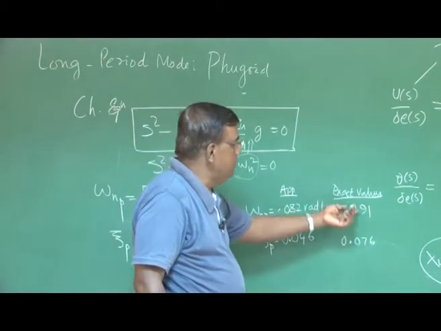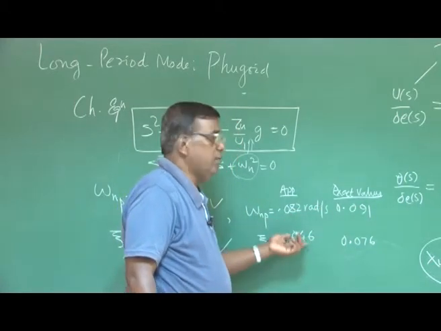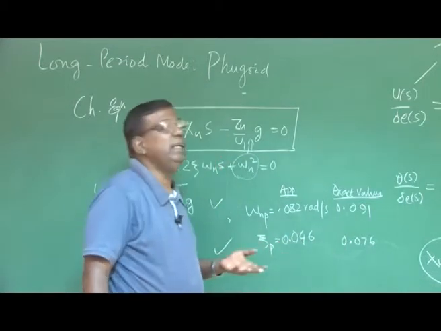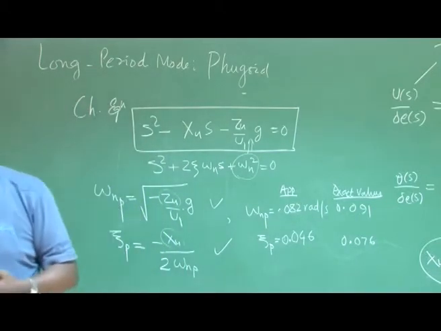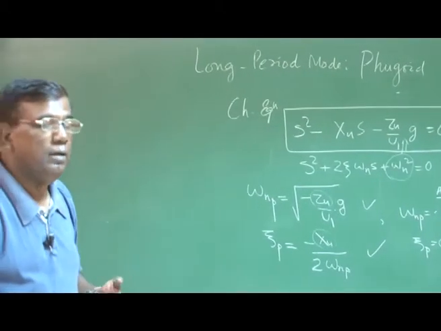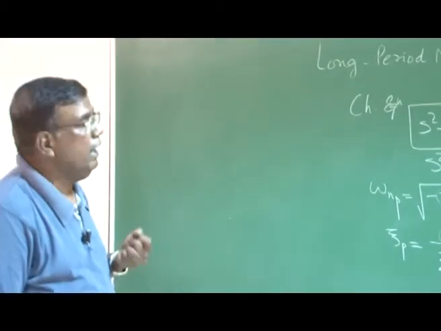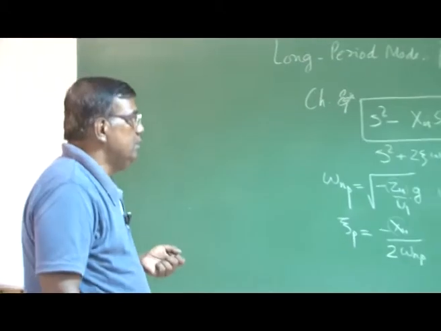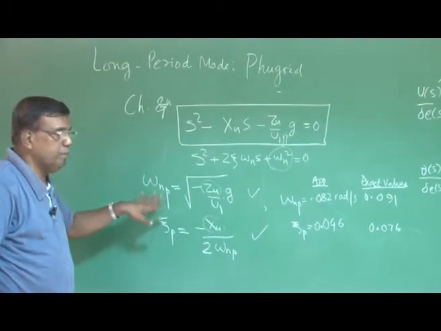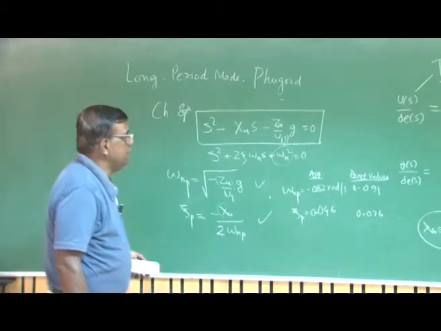This is okay, this is a bit close, but as far as damping ratio is concerned, this is not really the value which we would have liked. And that's why from the beginning I am telling you that Phugoid approximation is not a very good approximation, but still it has got some additional features which we must know, which will help us to design an aircraft or analyze an aircraft dynamics. Okay? So with that understanding, now we'll play around these two expressions and see what are the best information we can get out of these expressions.